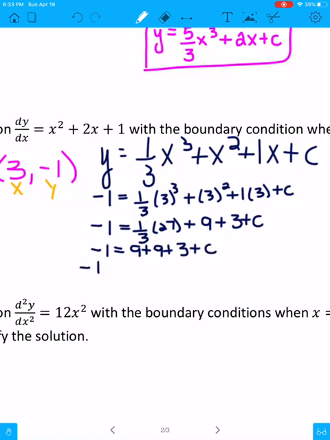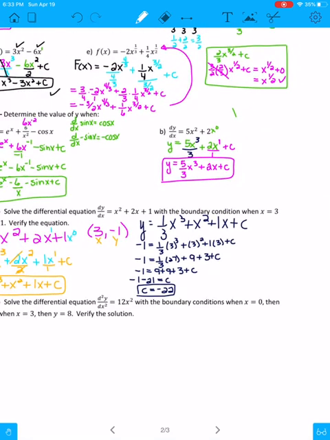So I get -1 minus, this is technically 9 plus 9 is 18 plus 3 is 21, so I'm going to move the 21 over, I'm going to subtract it, equals c. So c equals -22. So now I know what c actually was, because they gave me a point. So now I can rewrite the equation with the c.